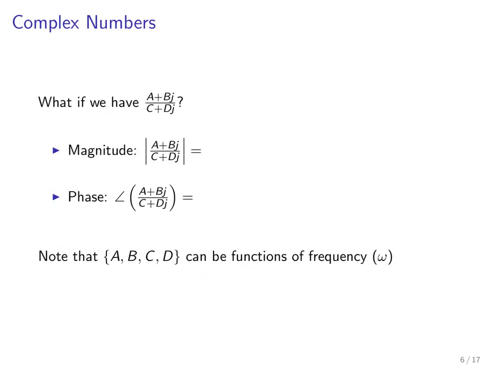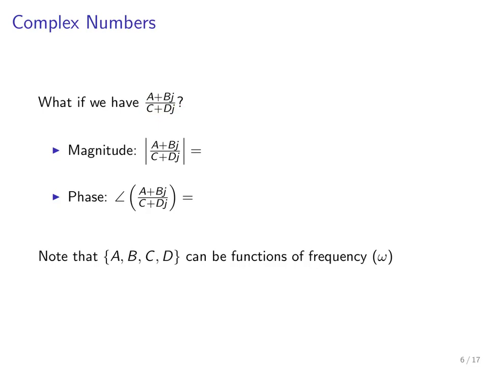So what happens if we take two complex numbers and divide them by each other? Here we have a complex number a + bj and a complex number c + dj, and we're going to divide them, and we want to know what happens to the magnitude and phase of the division.